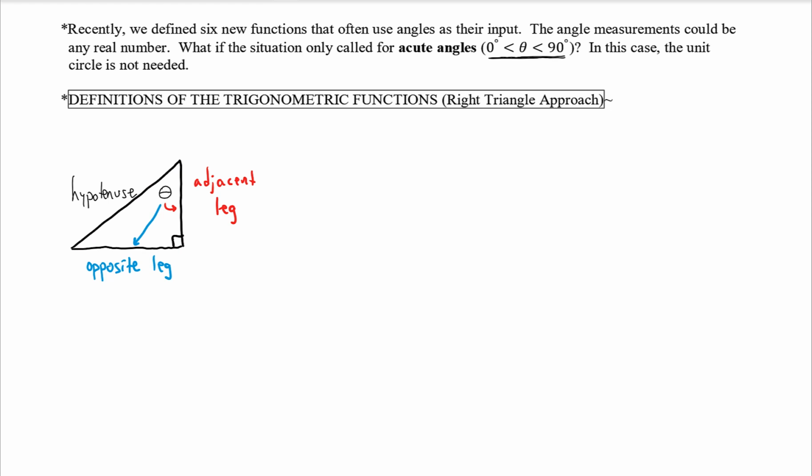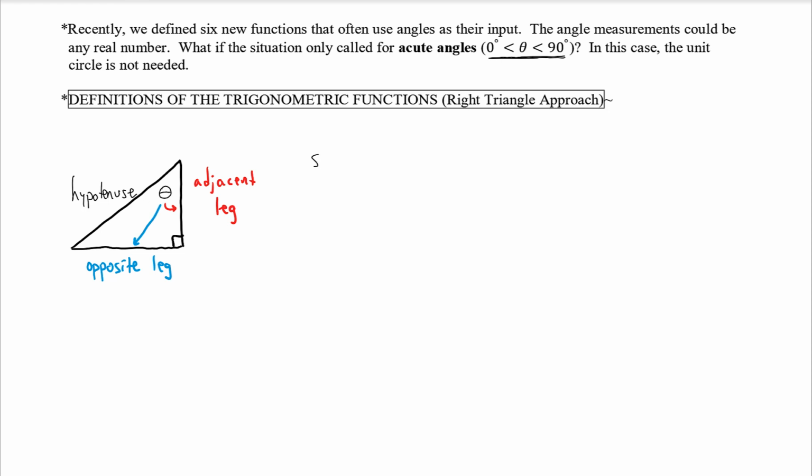So by using this language, we don't need the coordinate plane. I don't need an x, a y, or a radius because there's no circle. I can just use this language instead, and define the trig ratios again.